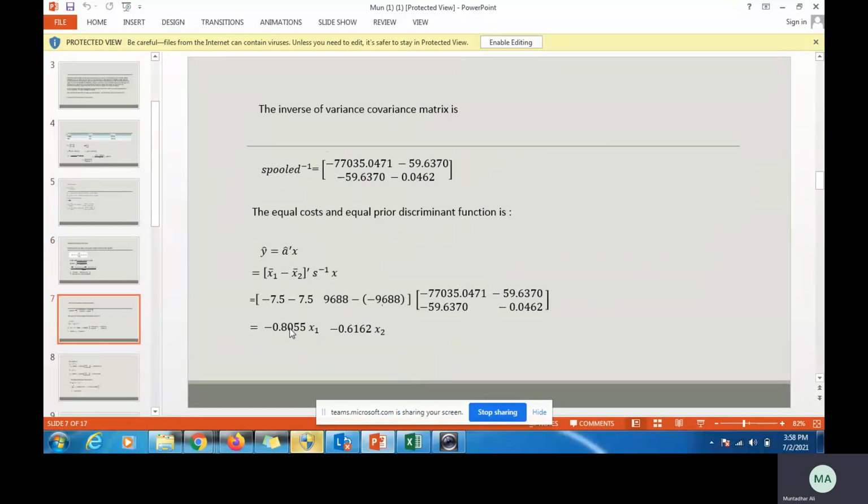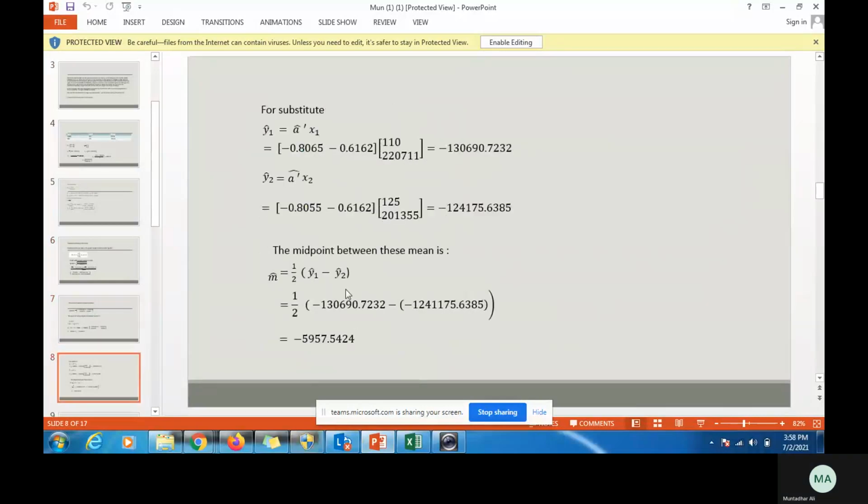We calculate these values for x1 and x2. Then we substitute for y hat 1 and y hat 2. We got these results. Then the midpoint between these means is m hat equal to half times y hat 1 plus y hat 2.